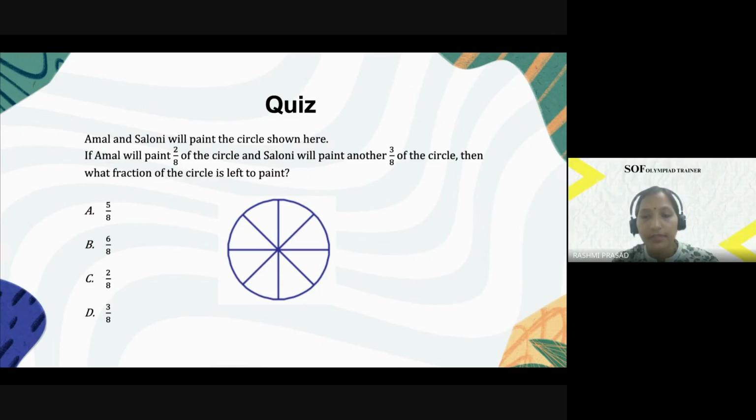Okay. I'll reveal the answer, I'm just waiting for others. Anika is saying A. Guys, send answer in the chat. Quick. Amay is saying 3 over 8. Dhanalakshmi, 3 over 8. Fine. Anika, can you unmute for once?